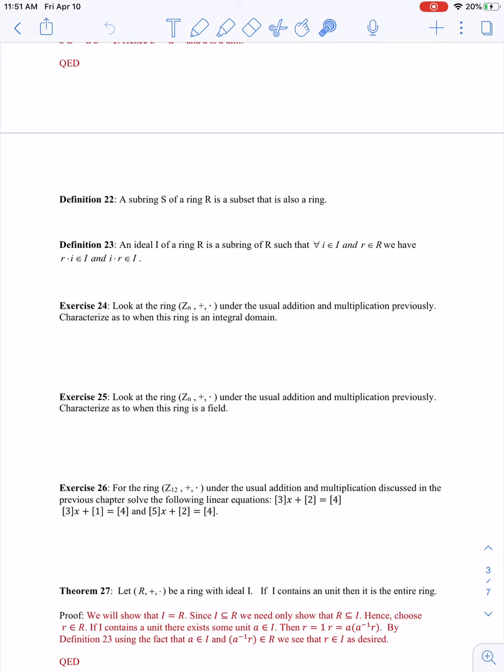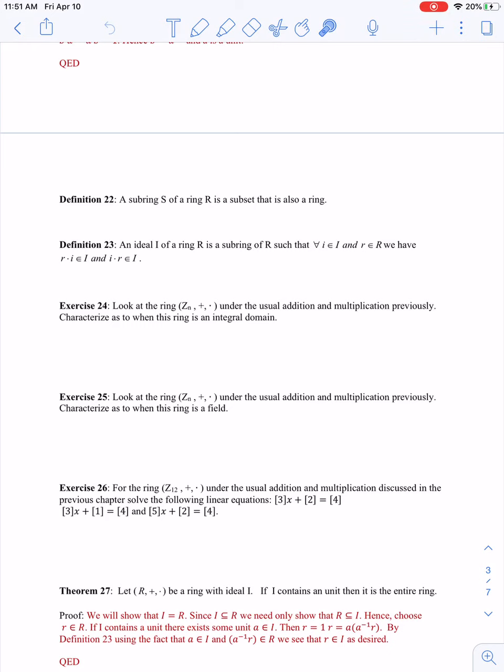Now, if I is a subring, all I'm guaranteed is that if I take two things from there and multiply them, I get something back in my subring. But an ideal is even stronger than that.